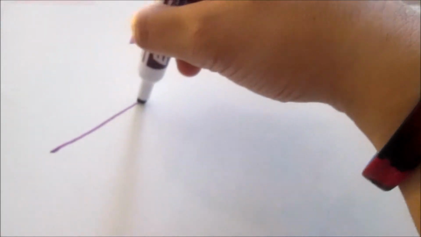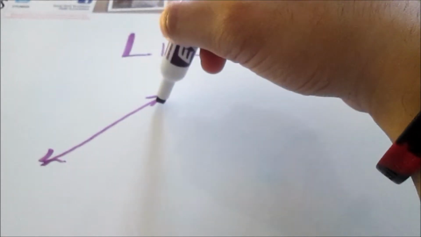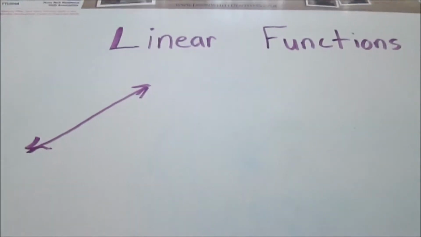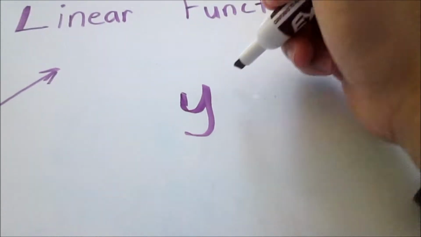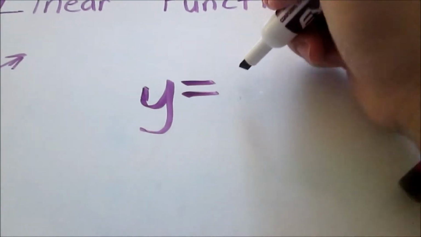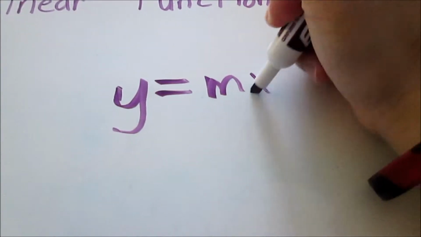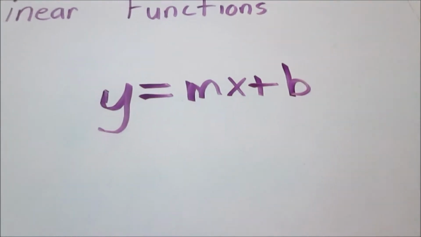So basically a linear function is going to be, number one, an equation that makes a straight line when graphed, okay, hence linear. And the basic equation is usually written in the form y equals mx plus b.